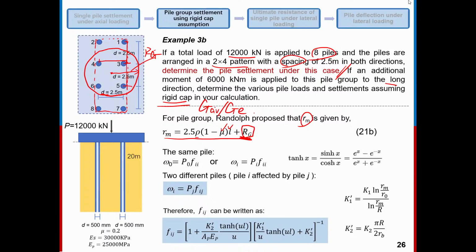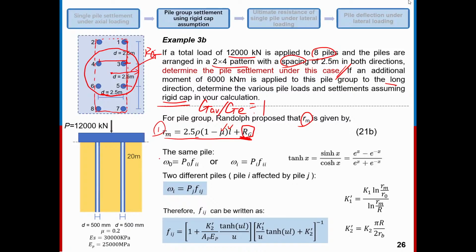And the GAV here is equal to GE for this example, because the soil is assumed uniform along the pile depth. So this one is equal to 1. And Rm is represented by this equation. This is the first revision for the calculation of pile group.